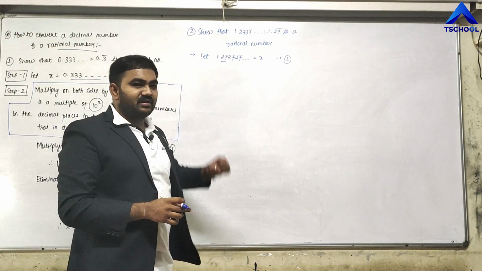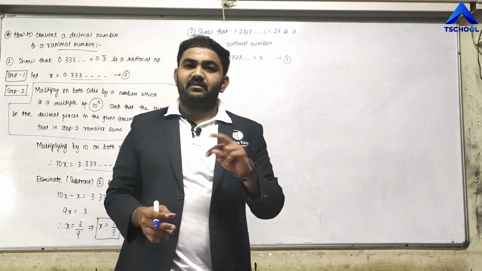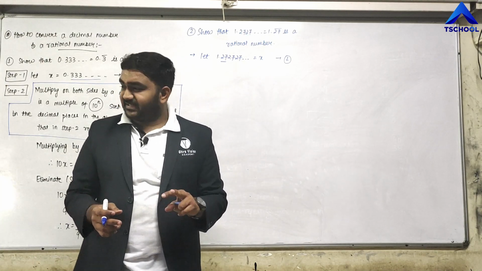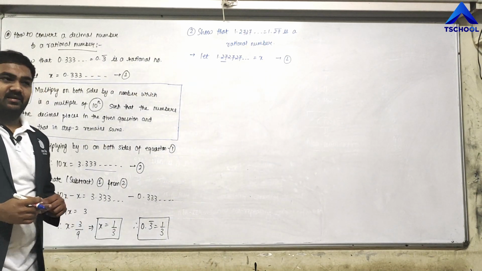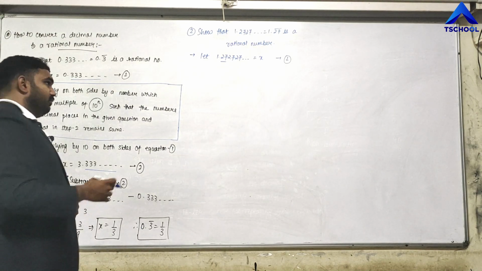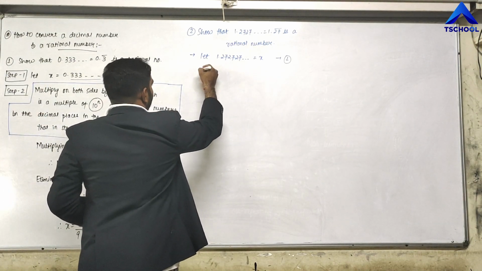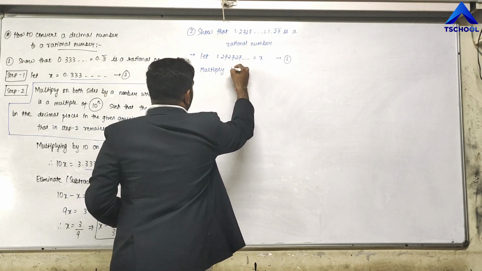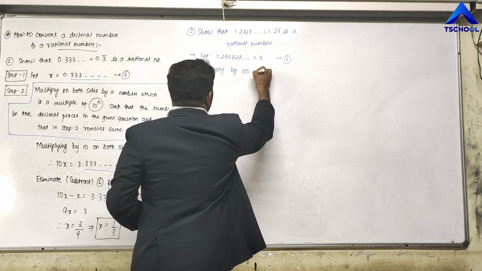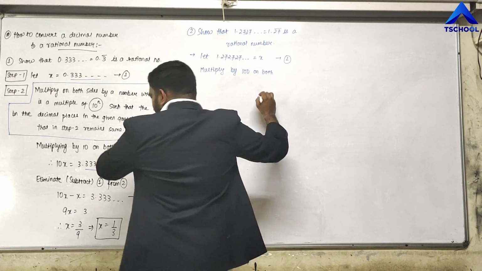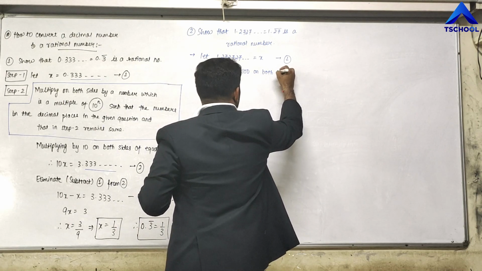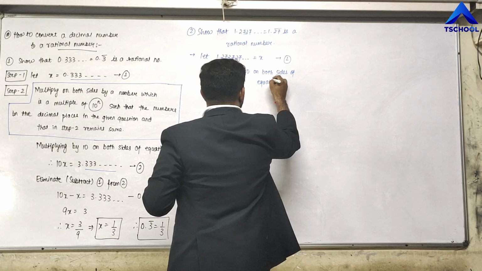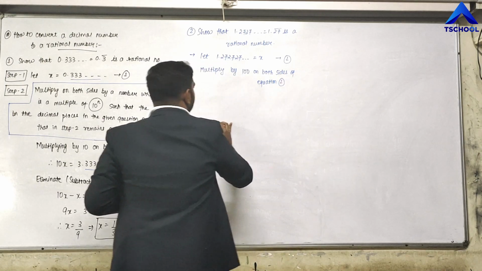If 3 numbers are repeating, then we shall multiply by 10 raised to 3, that is 1000, right? If 4 numbers are repeating, then I shall multiply by 10 raised to 4. So here multiply by 100 on both sides of equation 1.